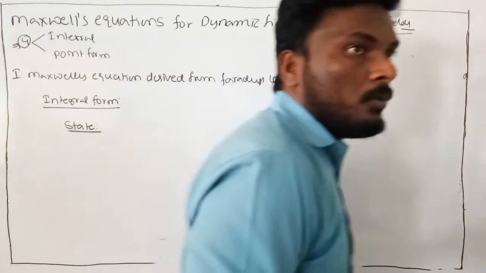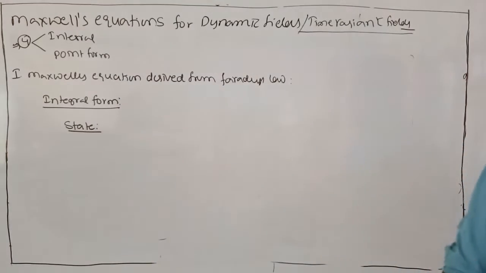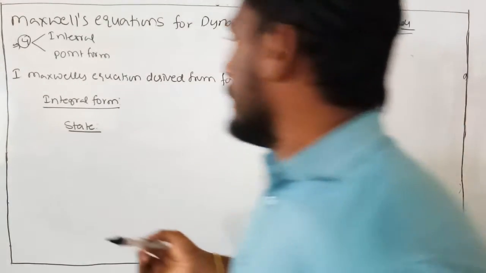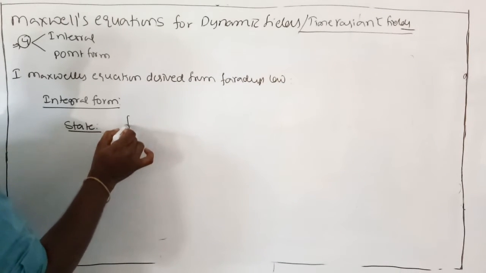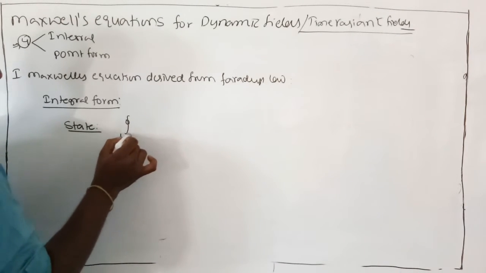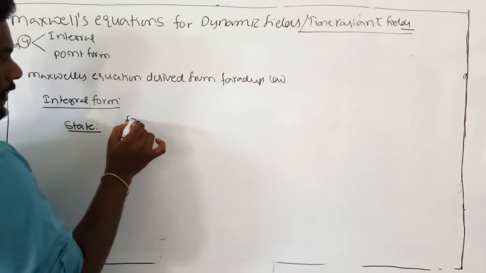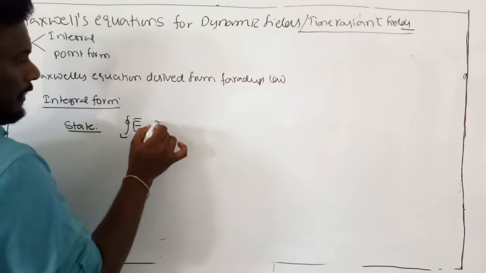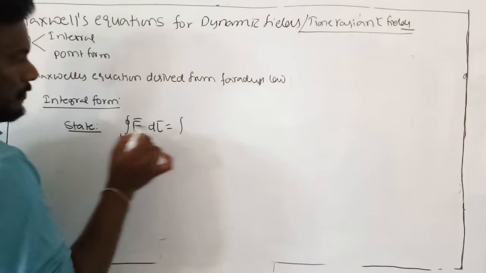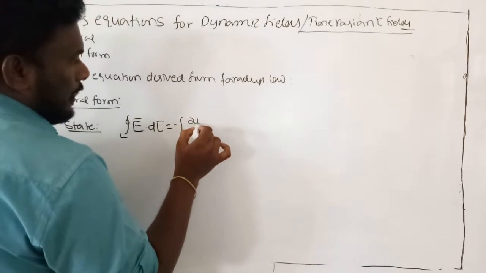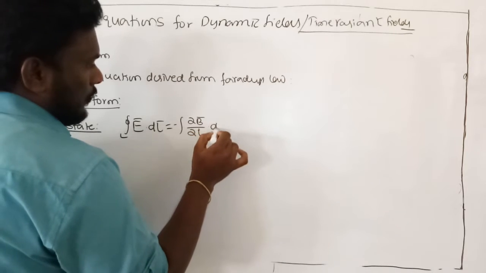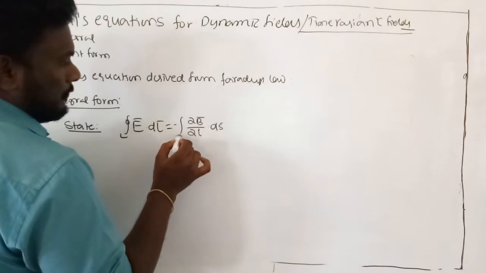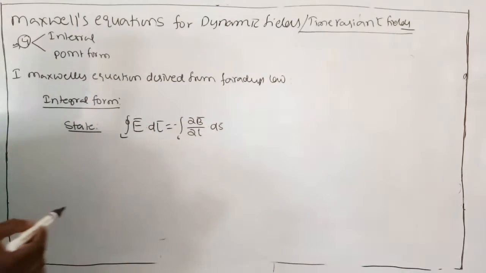Faraday's law is used to define induced quantity in a conductor. So the equation will be like this: line integration of E bar dot dl bar equals minus dou B bar by dou t dot ds bar, surface integration of ds bar.